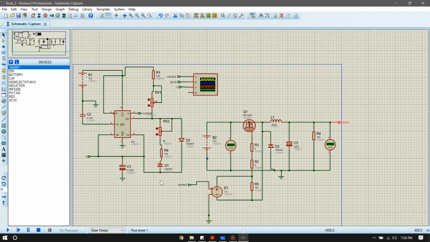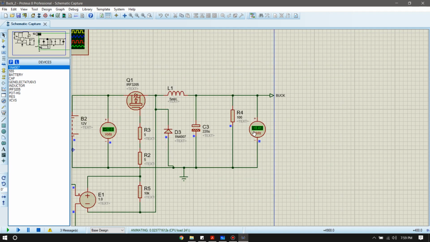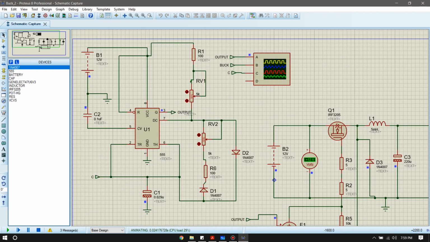Initially I think we're keeping both at 50%, so we're getting around, fluctuating a bit, but I think it's around 9 or 8 volts. Okay, so the output. Now let's look at our oscilloscope.